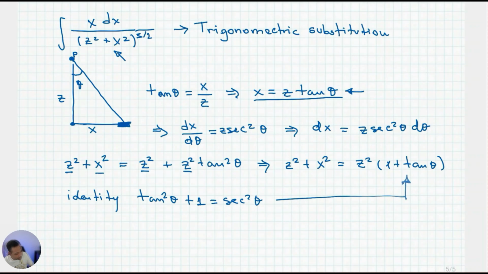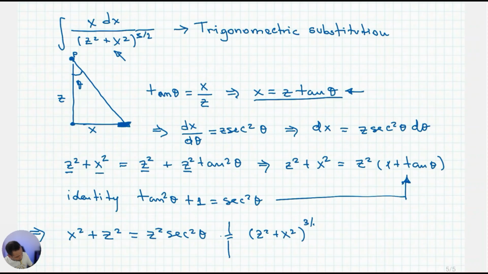And when we replace that, we get x squared plus z squared is equal to z squared secant squared of theta. Remember that the denominator of the integral is z squared plus x squared to the 3/2 power.